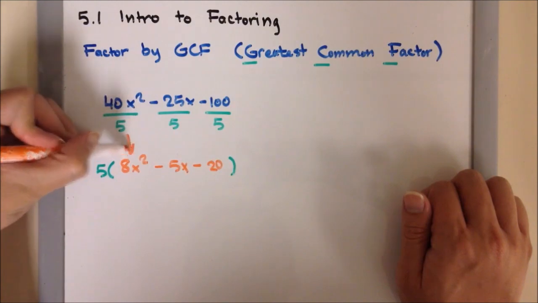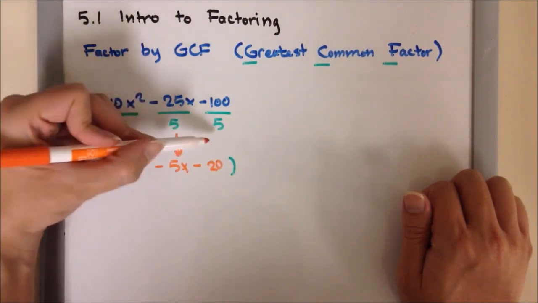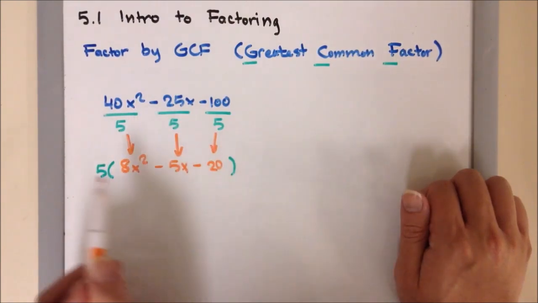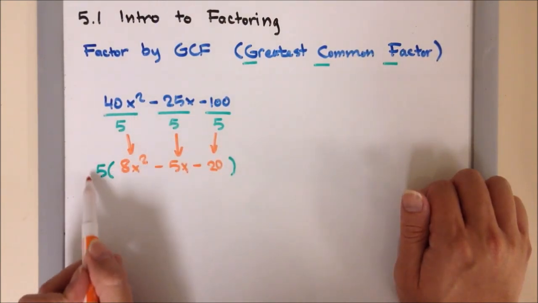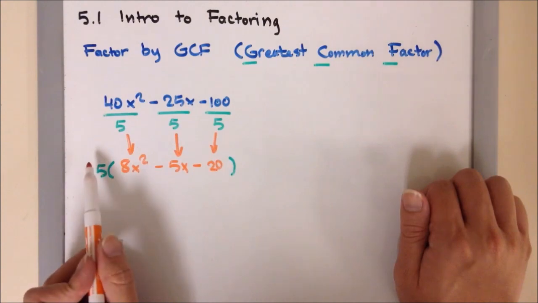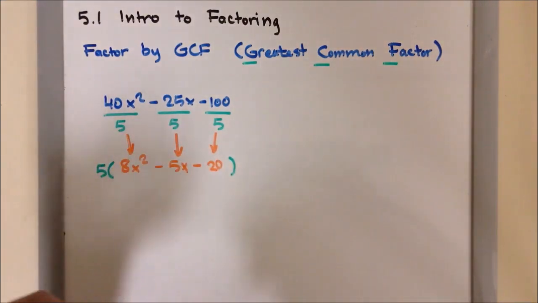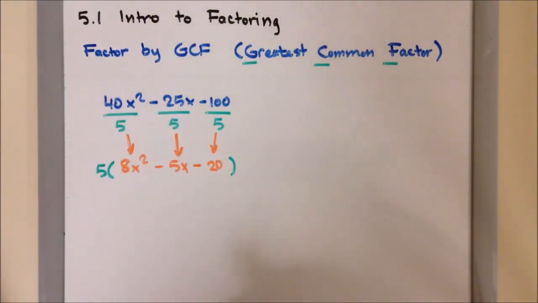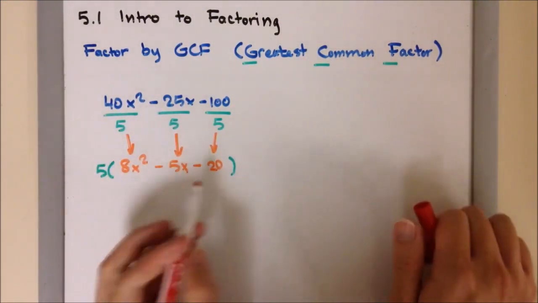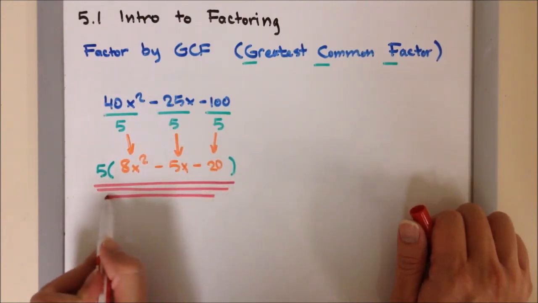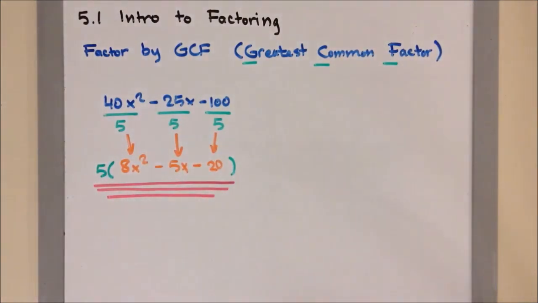So I am simply undistributing by using the greatest common factor 5. Your common factor will always go outside or in front of the parenthesis. So this is our final answer. There's nothing you can do to simplify, so that's what you would box as your final answer.